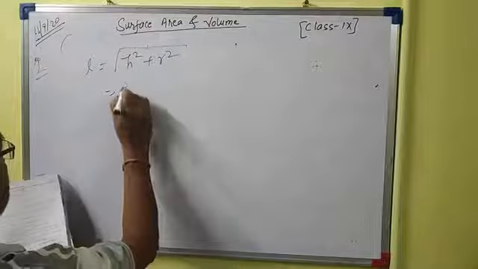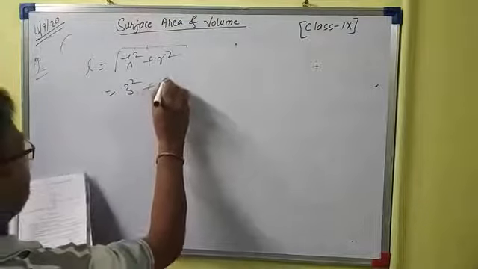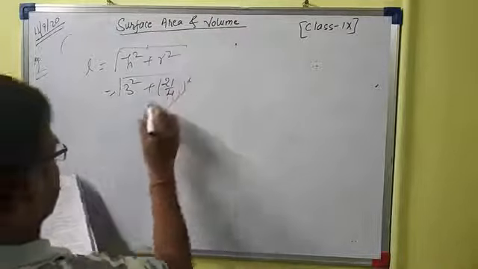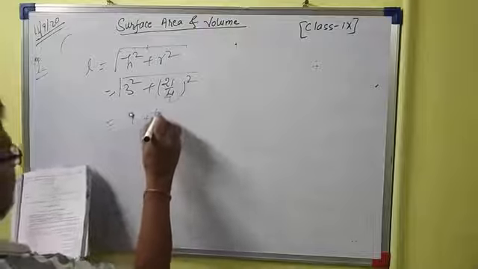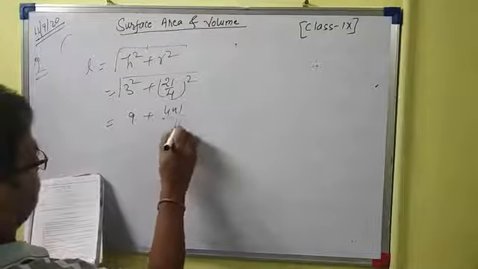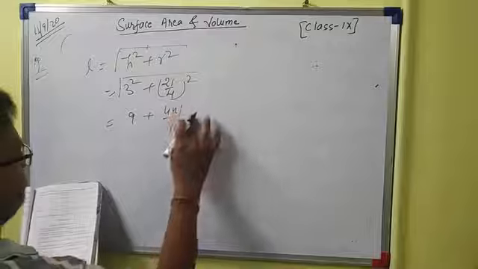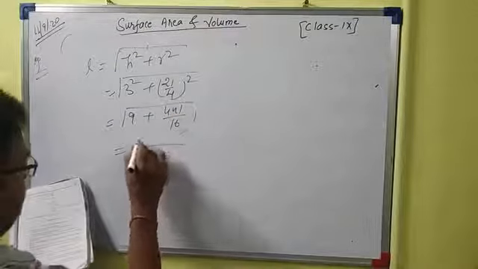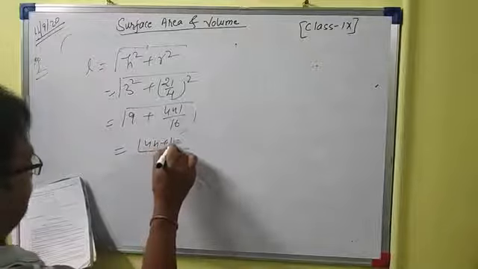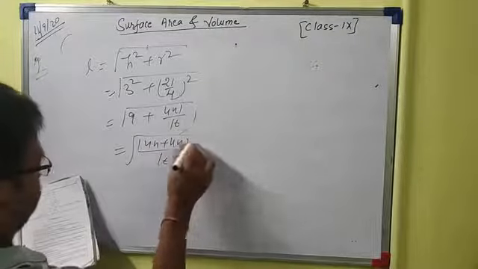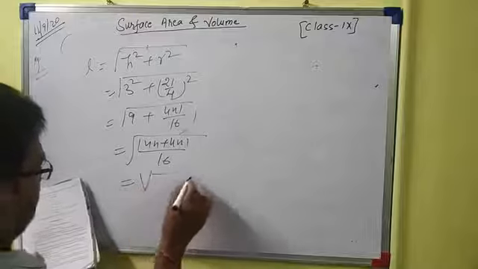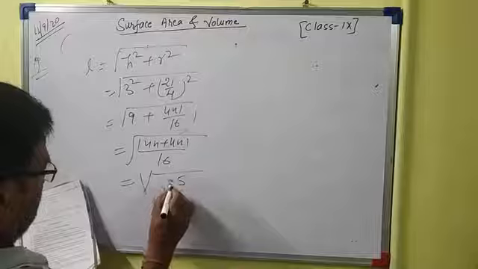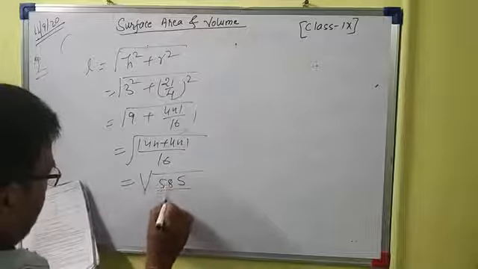Height is 3 square plus 21 by 4 square. This is 9 plus 441 upon 16. 16 into 9 is 144, 144 plus 441, 585 by 16.